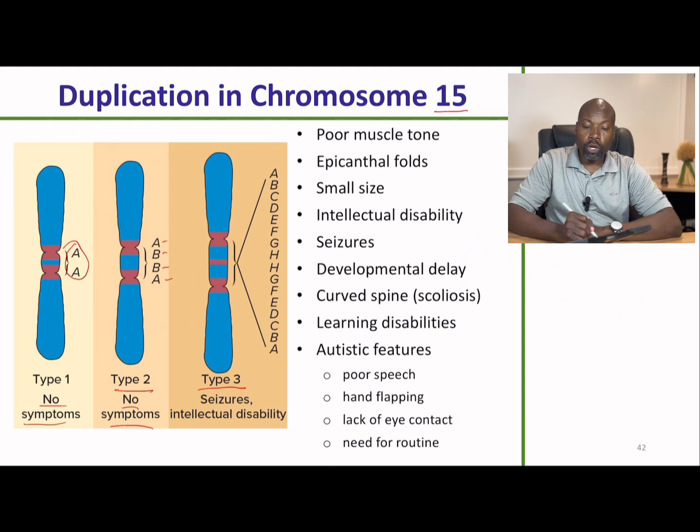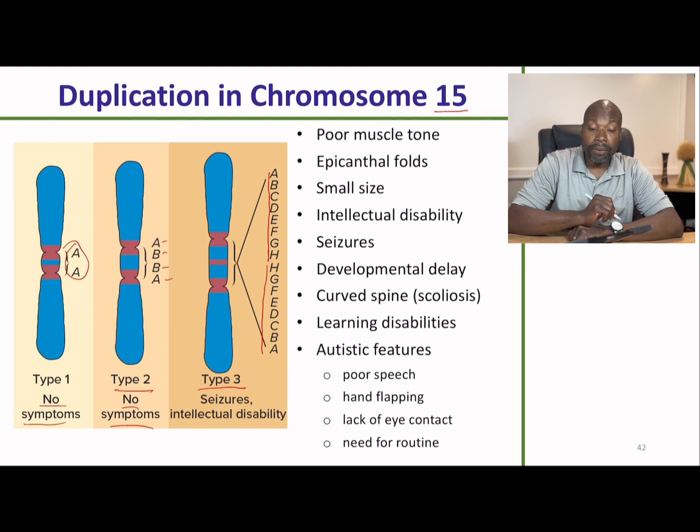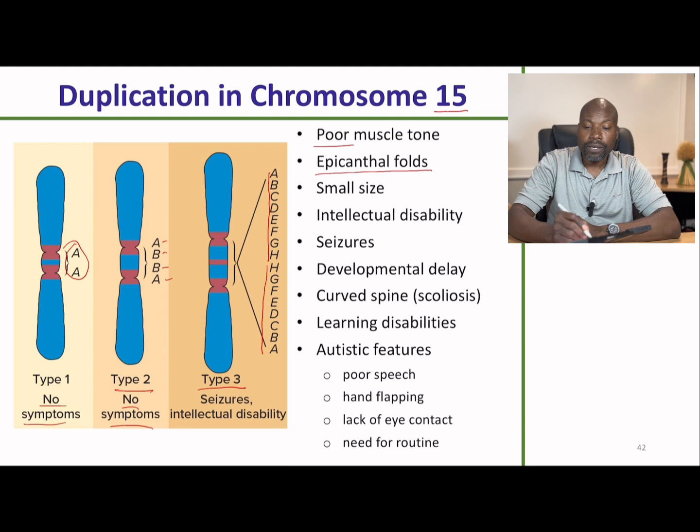When we have type 3 duplication, so we have A, B, C, D, E, F, G, H. That is copied twice, so 1, 2. Ooh, what happens is pretty significant. You have poor muscle tone, epicanthal fold in the eyes, right?